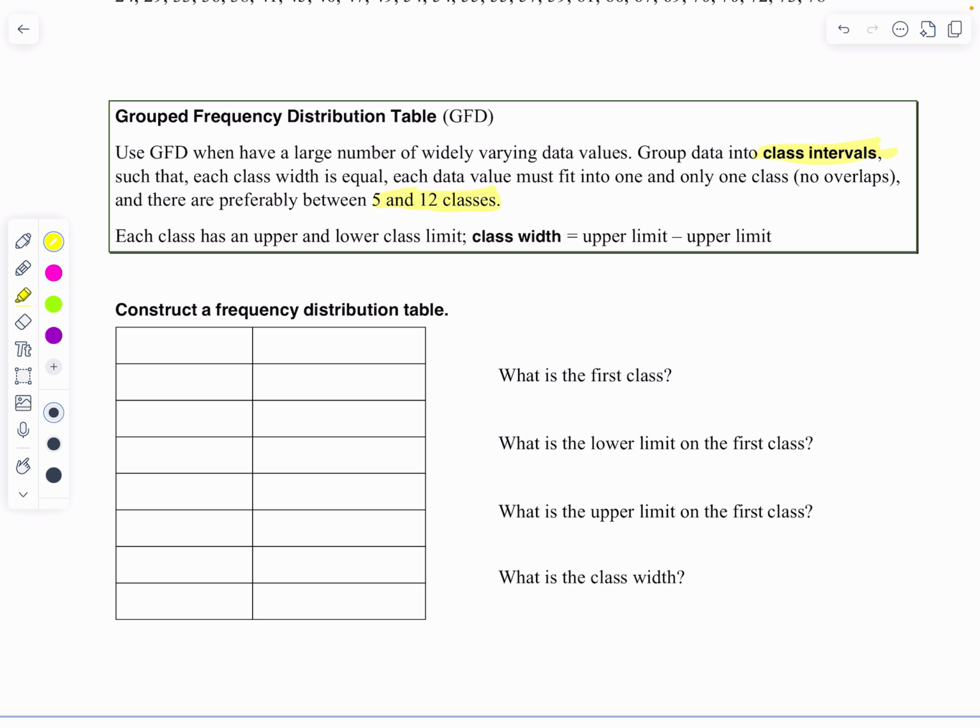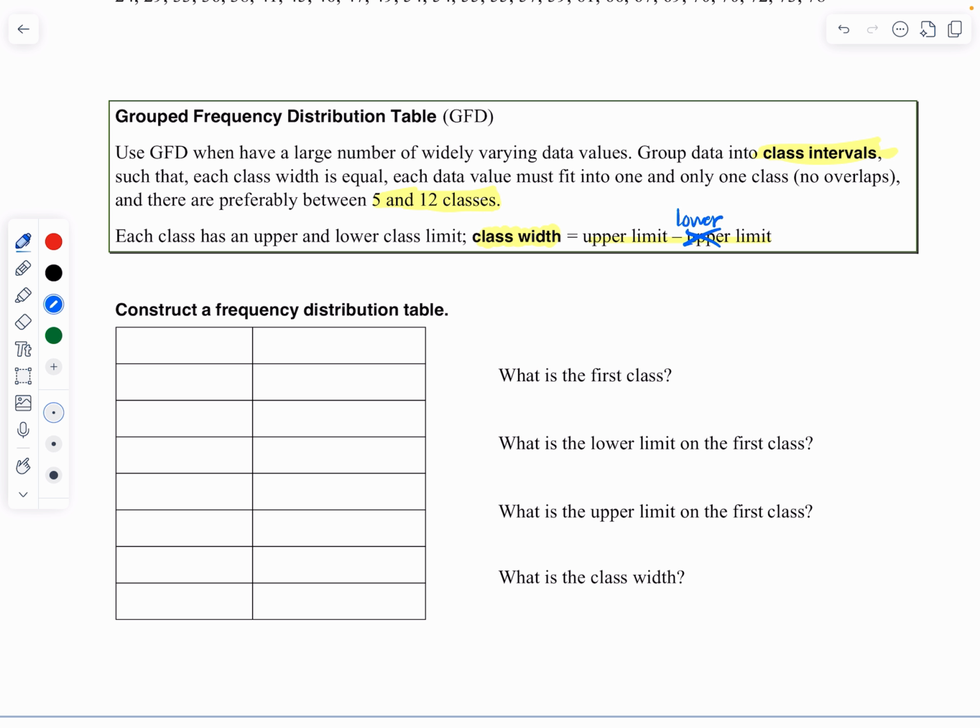Each class has an upper and lower limit, and the class width can be found by taking the upper limit minus the lower limit. That's what that's supposed to say. The lower limit.